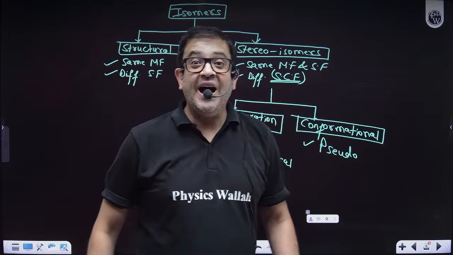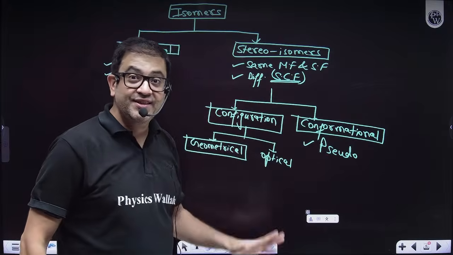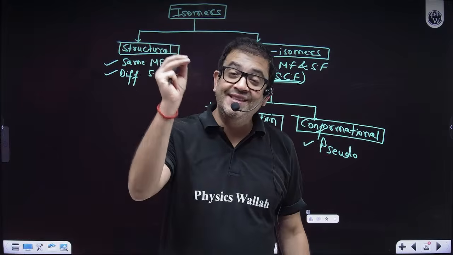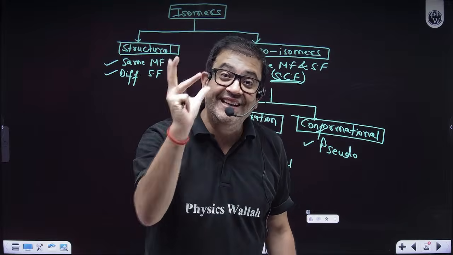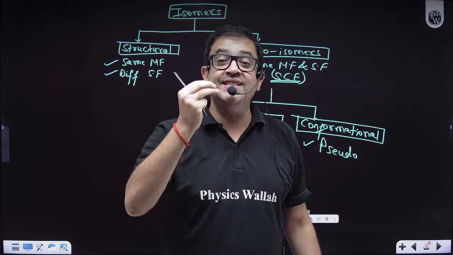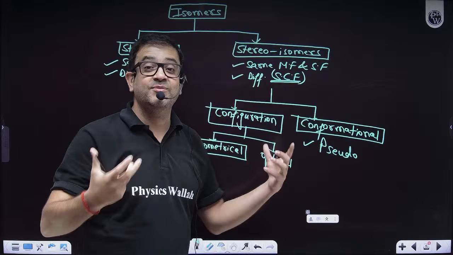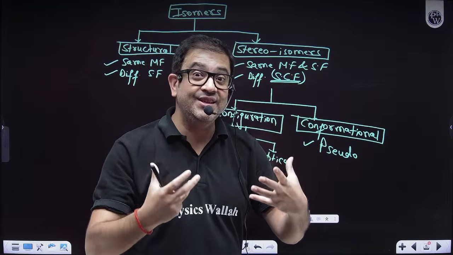What are geometrical isomers? Sir, when you have different orientation in three-dimensional space, as in different stereochemical formula, but that difference is arising because of a center, that center in that particular compound is known as a stereo center. What isomerism is arising? Geometrical isomerism. So it is termed a geometrical stereo center.